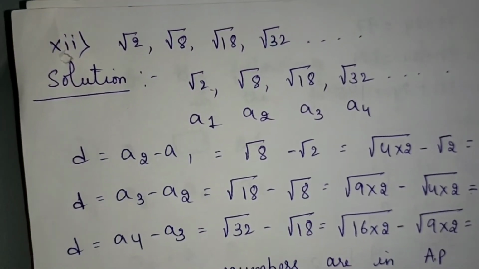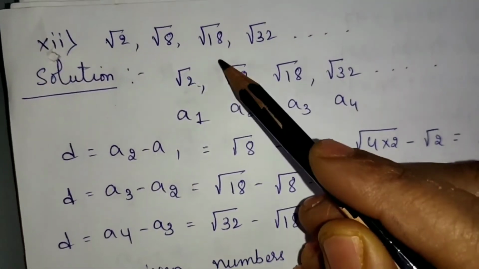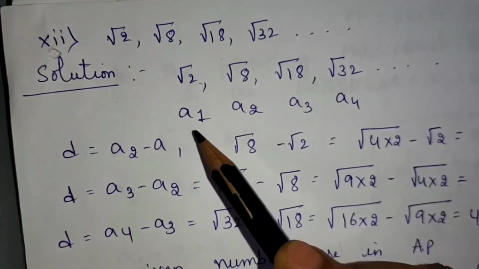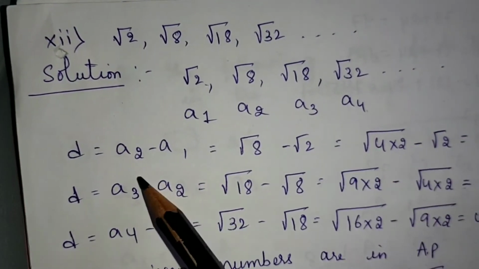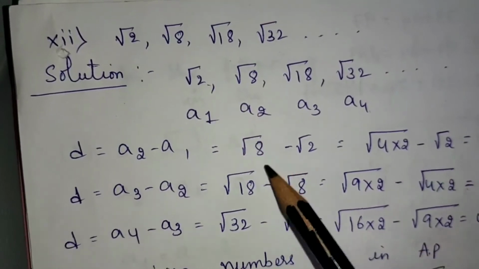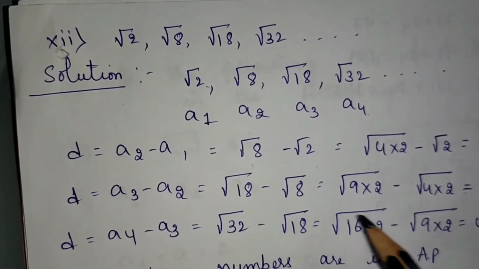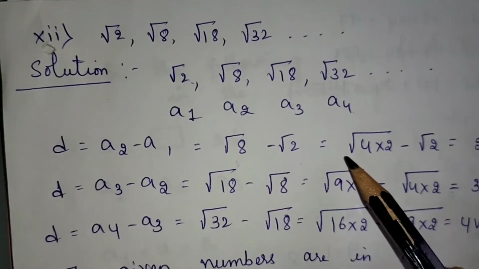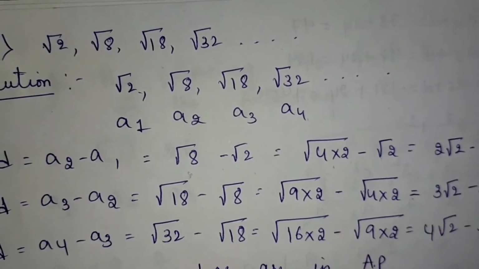Next question, that is 12th question. Root 2, root 8, root 18, root 32. Write the pattern as A1, A2, A3 and A4. Find the common difference A2 minus A1, that is root 8 minus root 2. Here root 8 I can write as root 4 into 2 minus root 2.